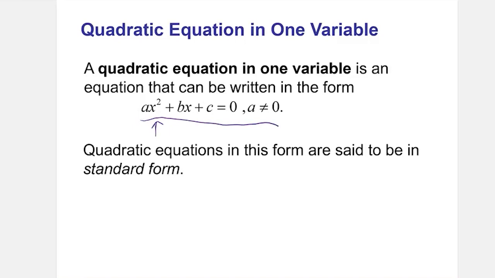So the highest exponent is 2. And it has to include that 2 or it's not a quadratic equation. Like if a was equal to 0, then we would just have bx plus c equals 0, and that is linear, which we learned last time.